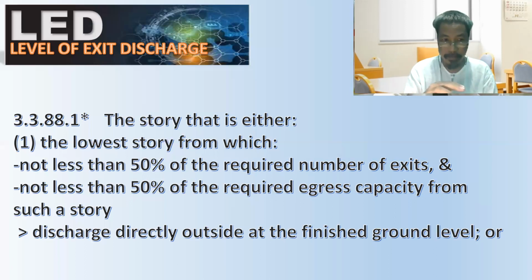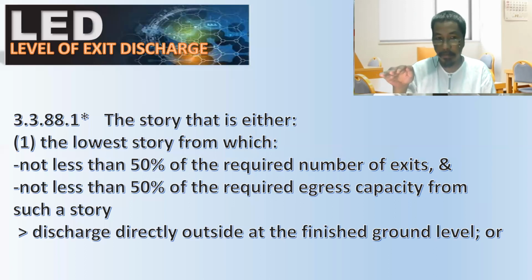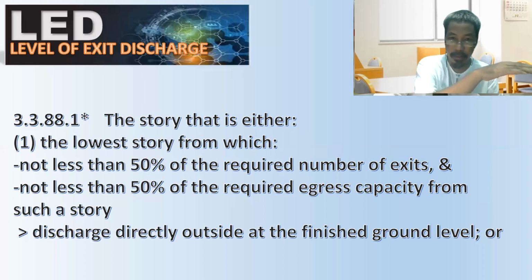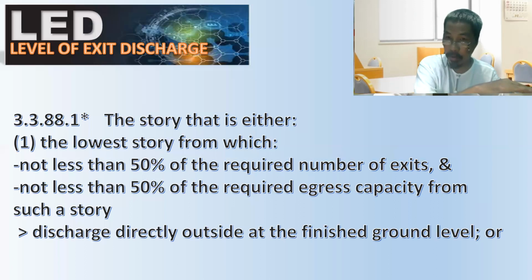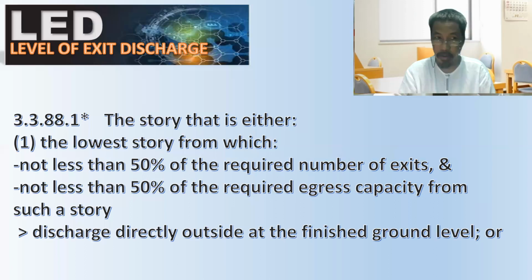And more than 50% of the required egress capacity from such story, right? Will discharge directly outside, okay, at the finished ground level. Okay, so finished ground level, where it came from. The discharging came from what? What number of floor? And that number of floor is what we call level of exit discharge.